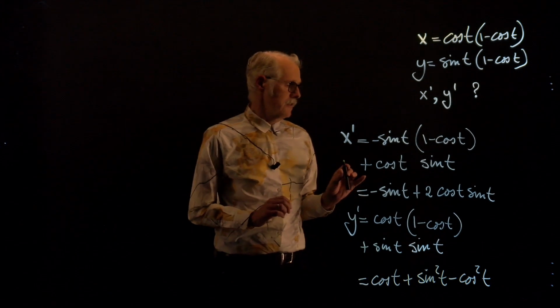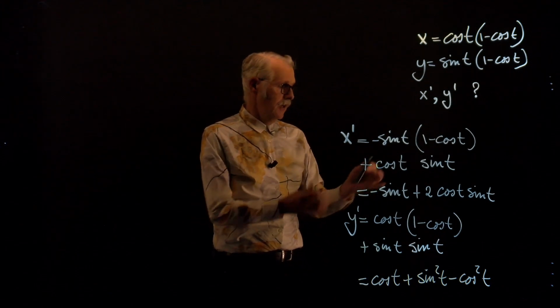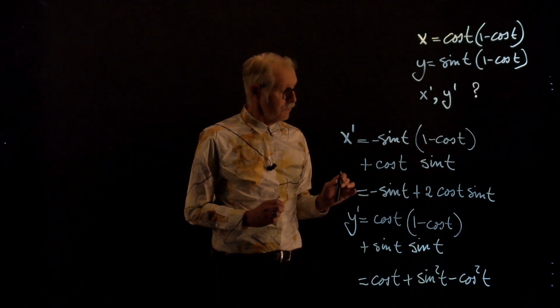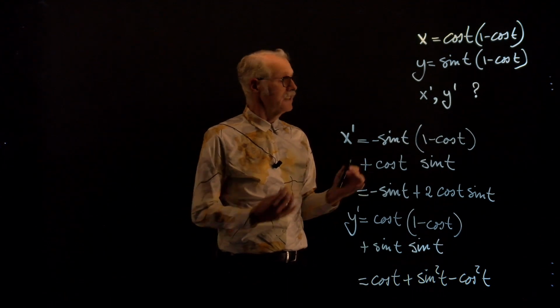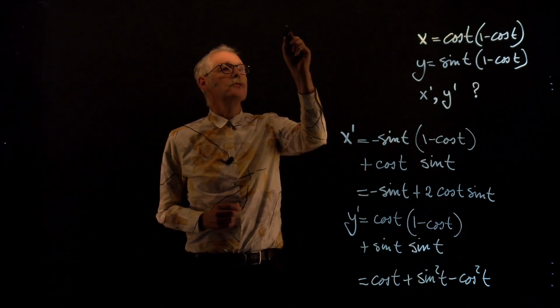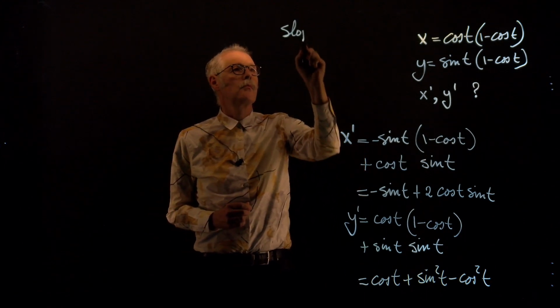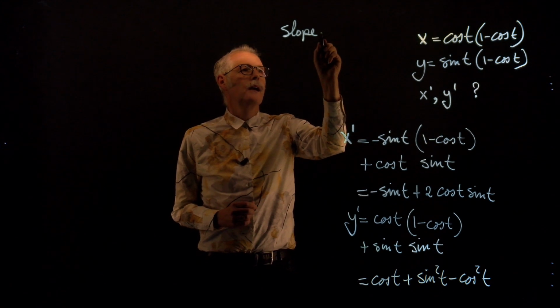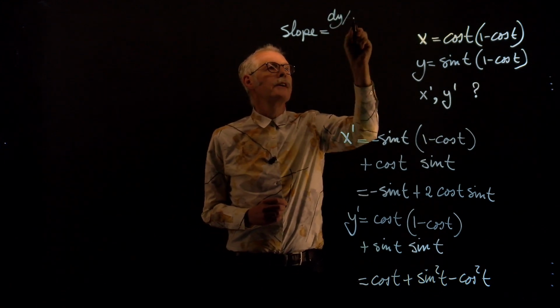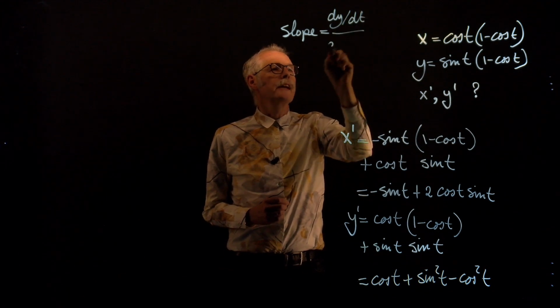If I have these formulas, I can just copy them into any programming language which will numerically evaluate that, and then I can find the slope. As earlier I wrote it like dy dt divided by dx dt.